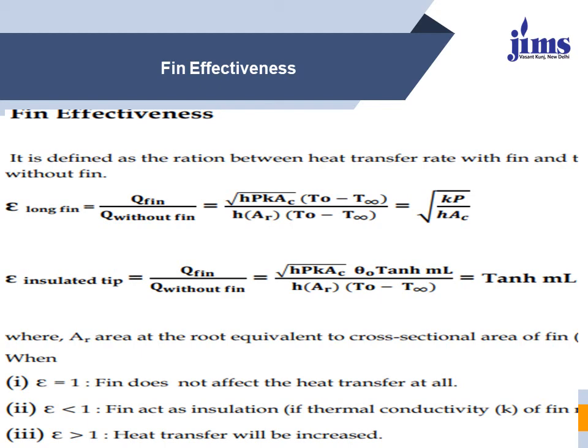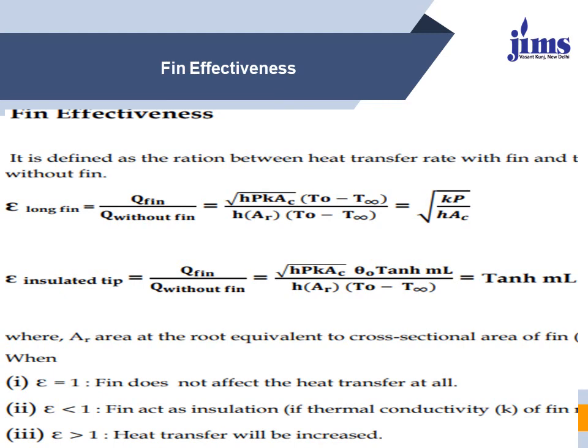And the second important point is, if the ratio of the perimeter to the cross section is increased, the effectiveness of the fin is improved. Due to this reason, thin and closely spaced fins are generally preferred, or the lower limit on the distance between two adjacent fins is governed by the thickness of the boundary layer that develops on the surface of the fin.